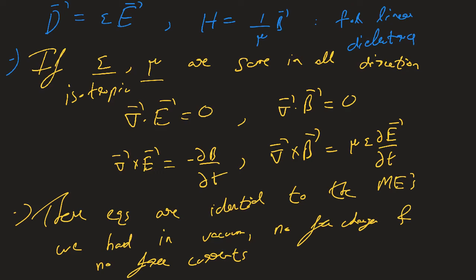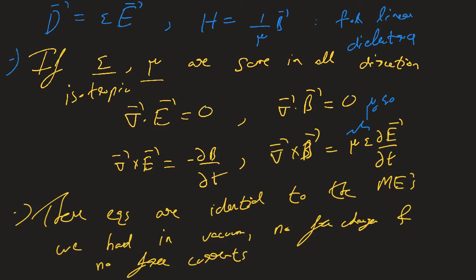These are exactly the same equations with one important difference, and this is going to make all the difference, which is that instead of mu naught epsilon naught, we now have mu epsilon. So instead of that, everything else is the same. So the whole mathematics is the same. And that is the beauty of working in any material as long as the free charges and free currents are 0, which is not a very bad approximation for glass or plastic or many other materials, right?